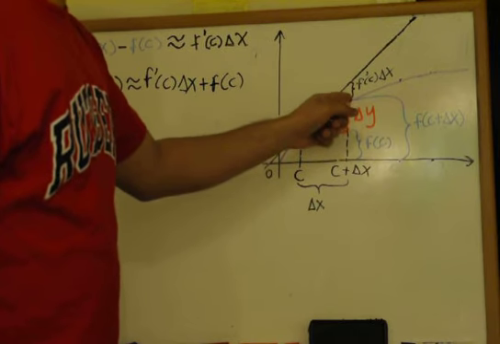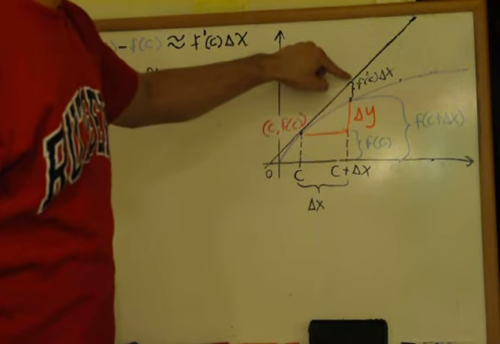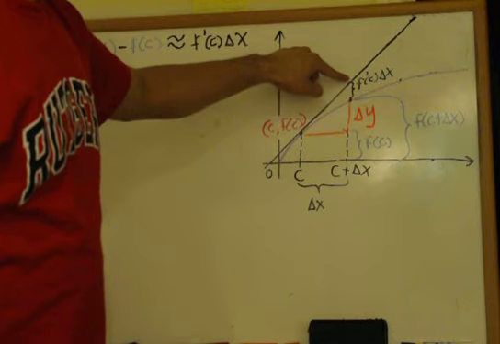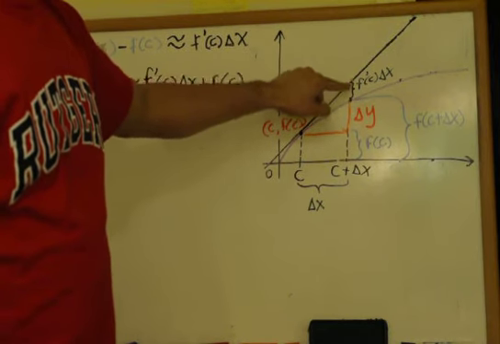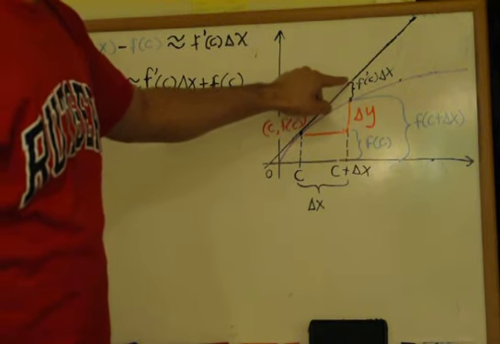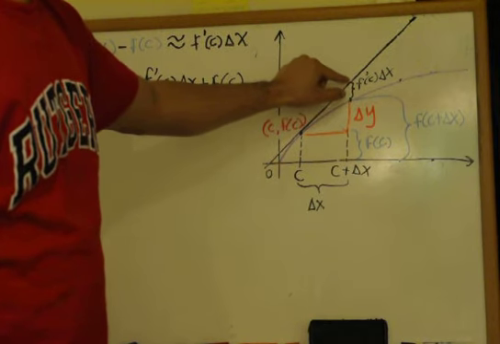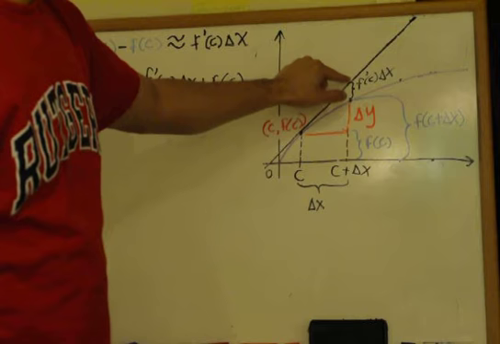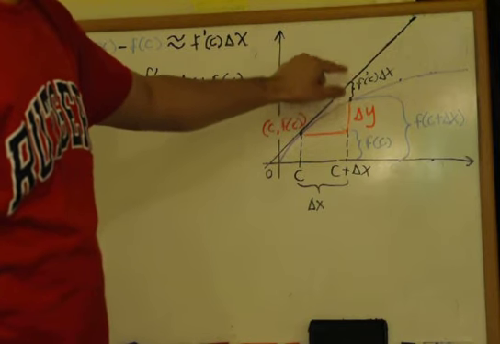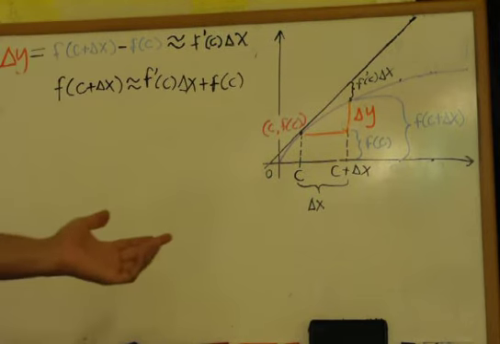So we make an approximation by using the tangent line. We're going to get a value that's on the tangent line, that's close to that point, and the difference between the tangent line value and the actual value will be our approximation.